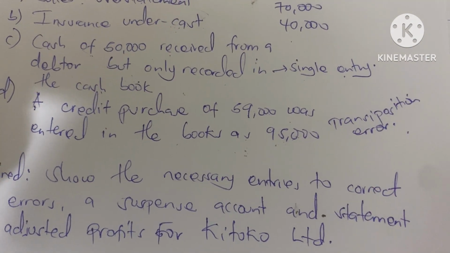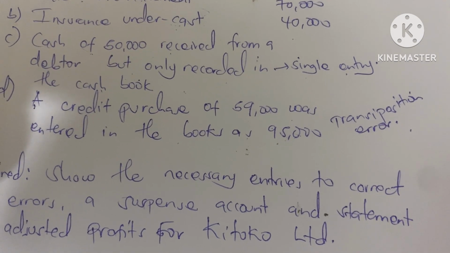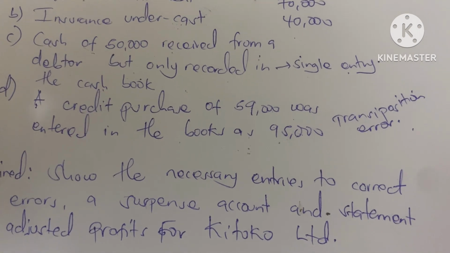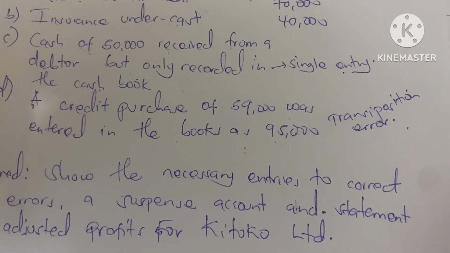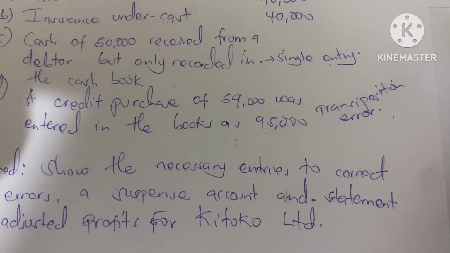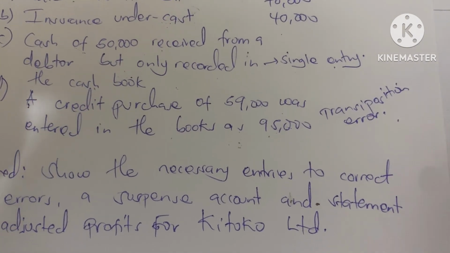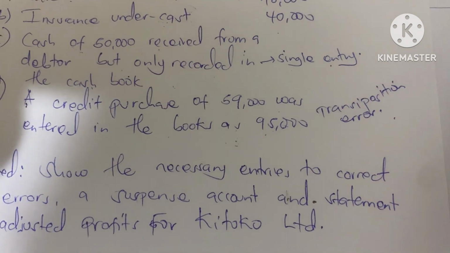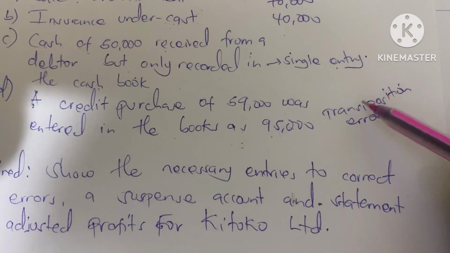What happens when a credit purchase is made? When a credit purchase is made, we always credit the creditor's account and then we debit the purchases account.